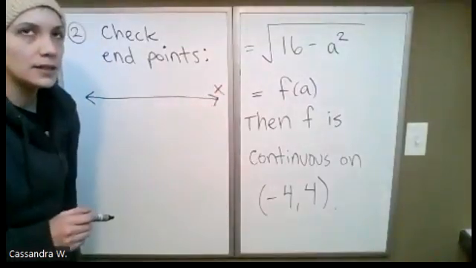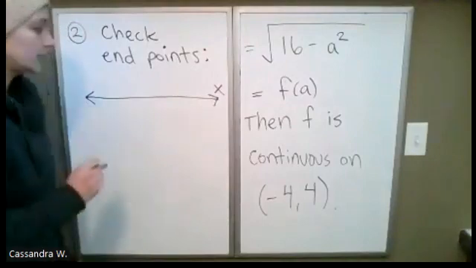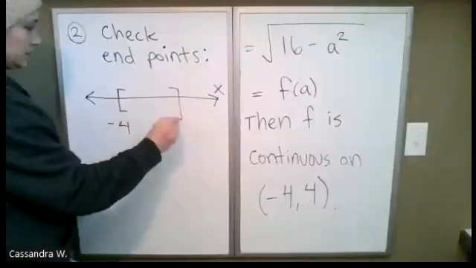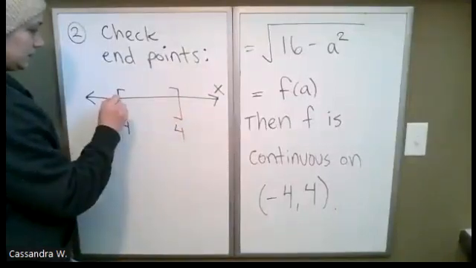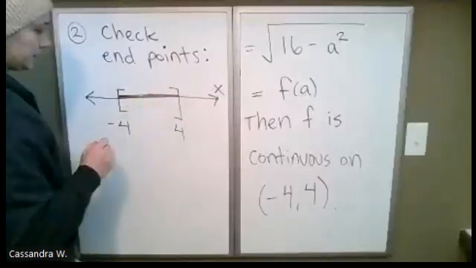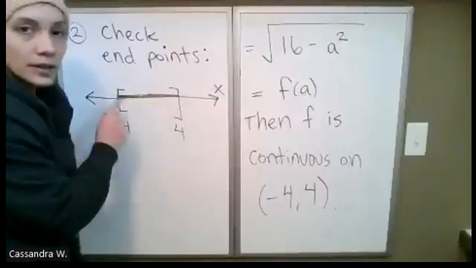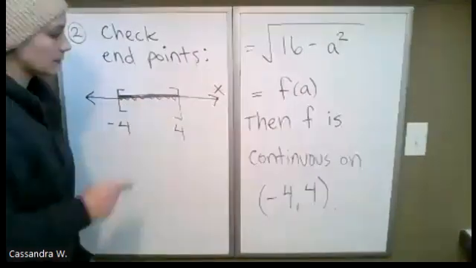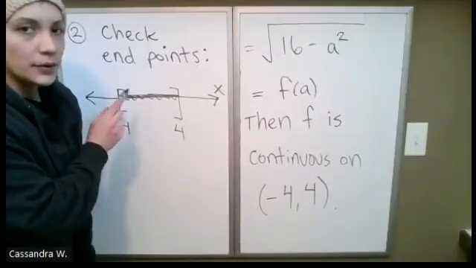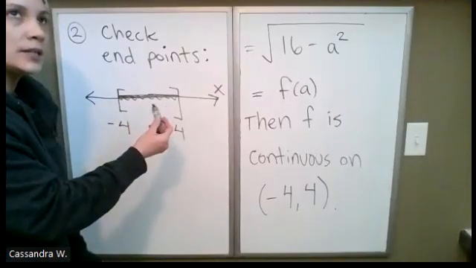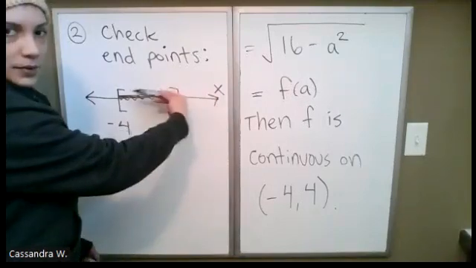The domain is a set from -4 to 4. And we've already shown it's continuous on this part right here. The function is continuous on the open interval from -4 to 4. Now we're checking this end. So we're going to -4 from the right.